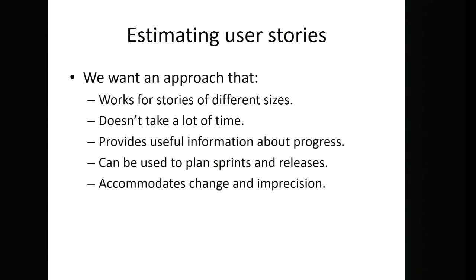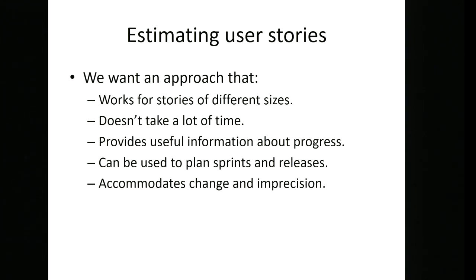So when we estimate for an agile project, we want an approach that works for stories of different sizes, so it allows us to assign different amounts of effort to different stories. It doesn't take too much time. We want to maximise work done, so we don't want to spend a long time on this. It provides useful information about progress, so it allows us to monitor how we're doing.